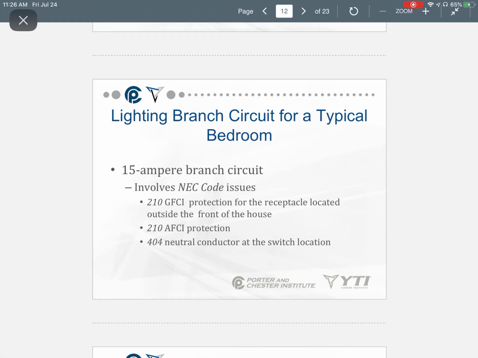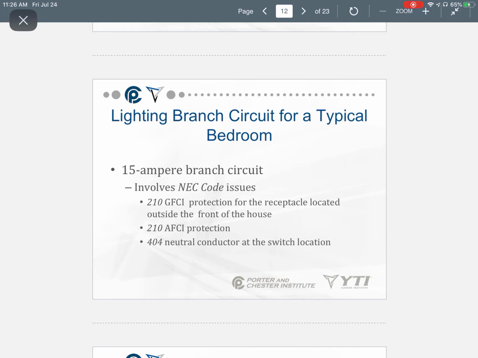AFCI protection. So receptacles inside your house. Article 210 lists all the locations where AFCI protection is required. Pretty much all the receptacles in a house at this point need to be AFCI protected.